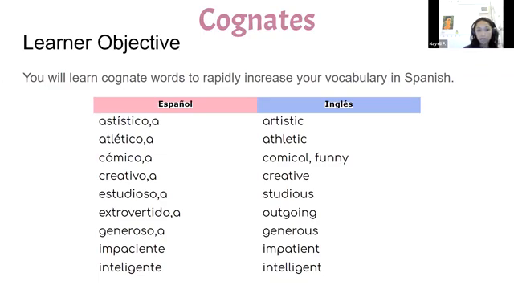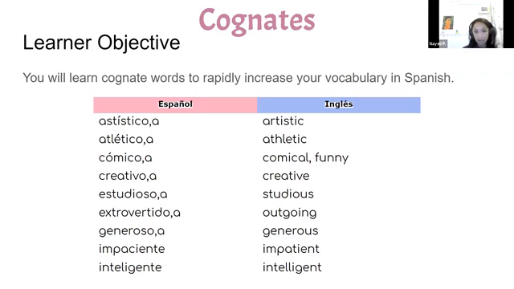Artístico, artistic, atlético, athletic, cómico, comical or funny, creativo, creative, estudioso, studious, extrovertido, outgoing or extroverted, generoso, generous, impaciente, impatient, inteligente, intelligent. Now you see there is an A, a comma and an A next to artístico, right?